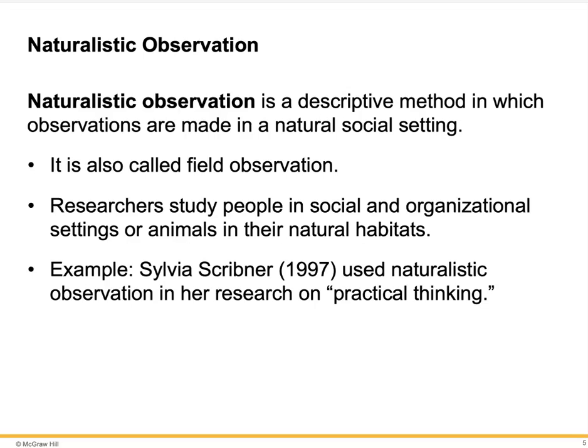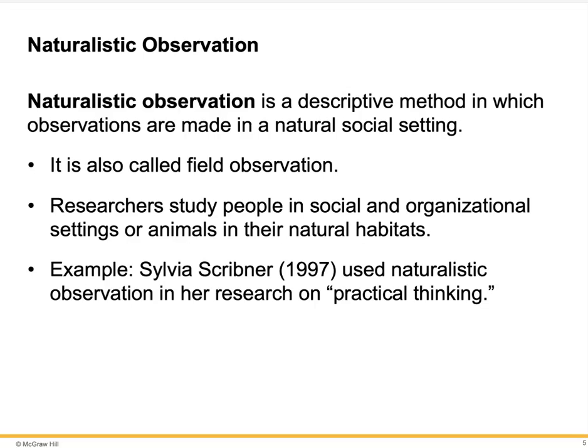So naturalistic observation is a descriptive method in which observations are made in a natural social setting. So in a study using naturalistic observation, the researcher makes observations of individuals in their natural environment, so in the field. And this research approach has roots in anthropology and the study of animal behavior, and is currently widely used in the social sciences to study many phenomena in all types of social and organizational settings.